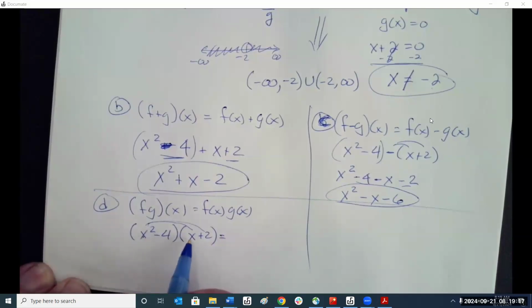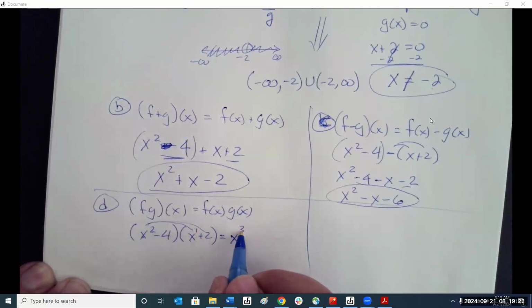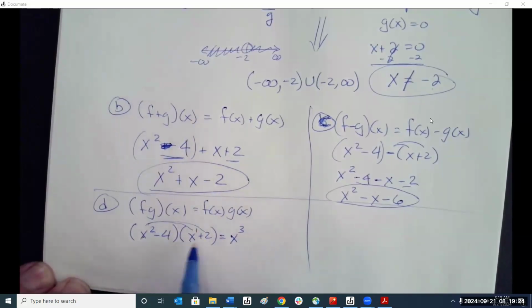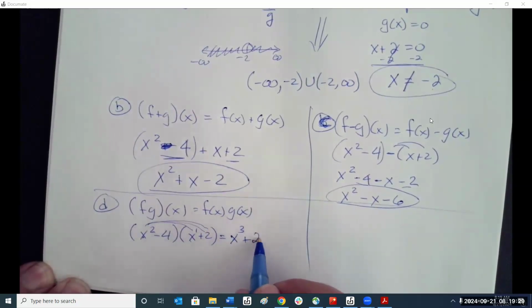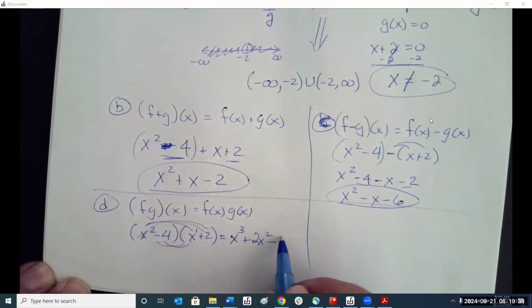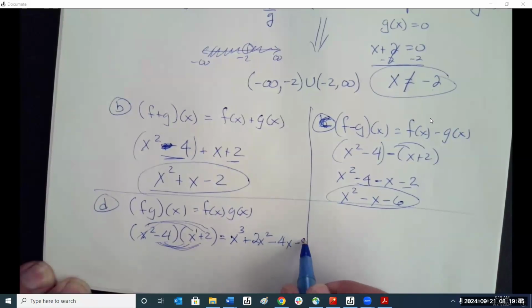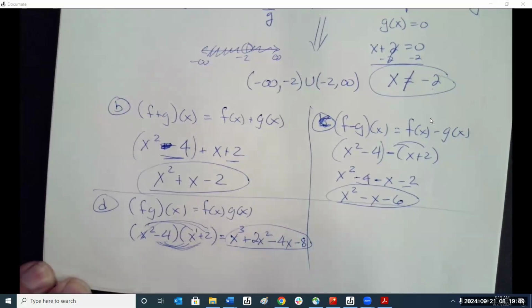So x squared times x, there's 2 there, there's 1 more, so it's 3. They're both positive, so the answer is positive. x squared times 2 is 2x squared. That one's finished. Now the next one, negative times positive is negative. 4 times x is 4x. Negative times positive is negative. 4 times 2 is 8. Nothing combines, so that's as far as I can go.